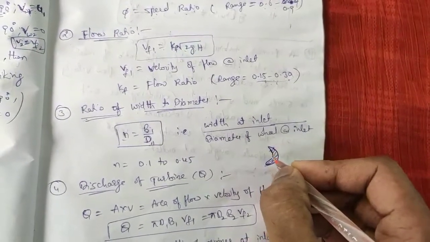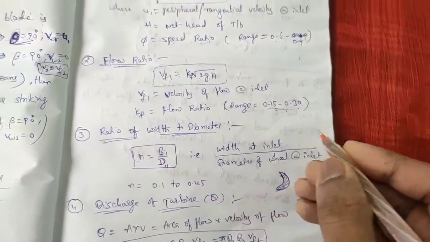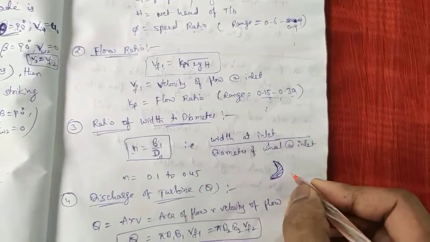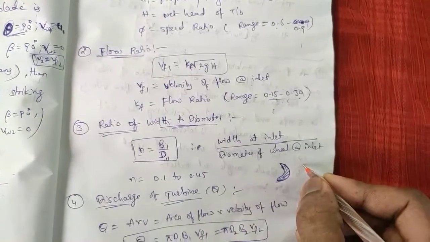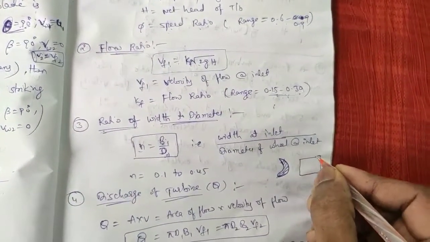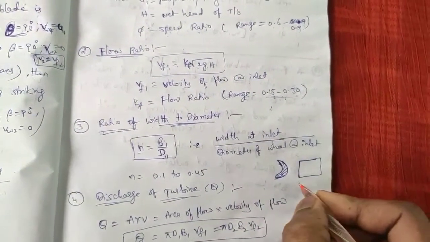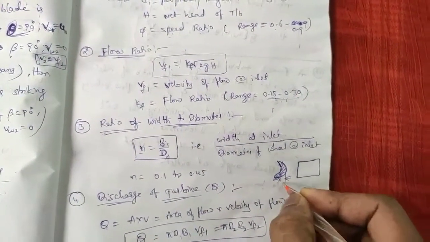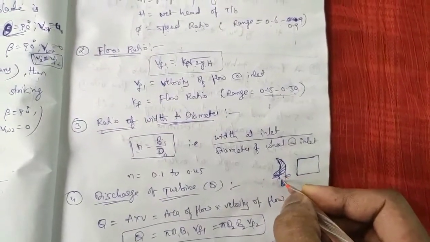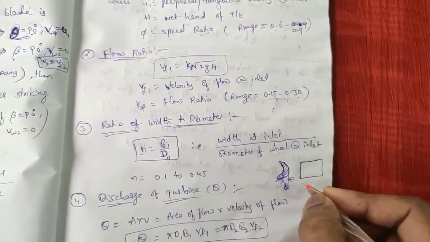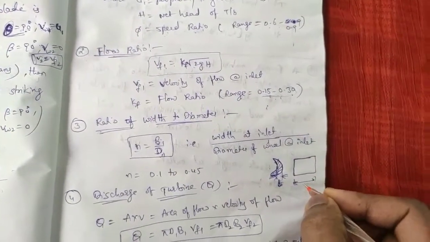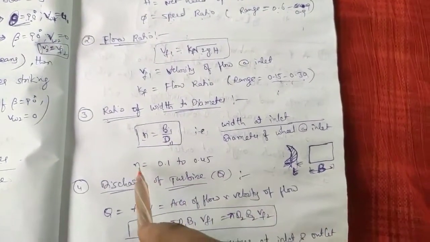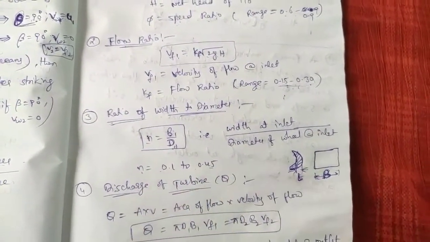If you see the front view, if you see the side view, this is the thickness of blade, t. This is the thickness of the blade. If you see the side view, it gives the width of the blade. So this n value range is 0.1 to 0.45.